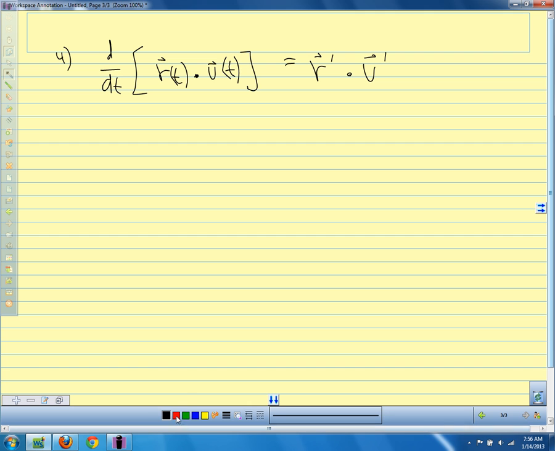So Griff says false. What do we have to do when we take the derivative of a dot product? Right, we have to use a product rule. So we end up with r dot u prime plus r prime dot u.